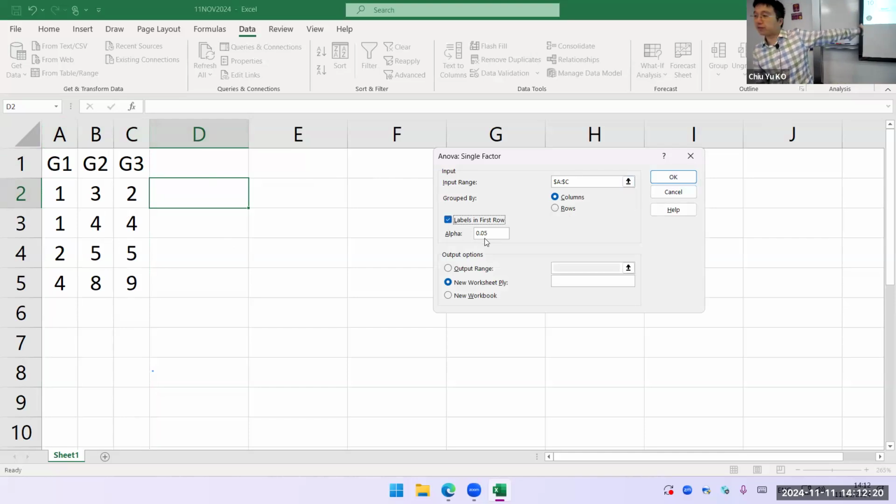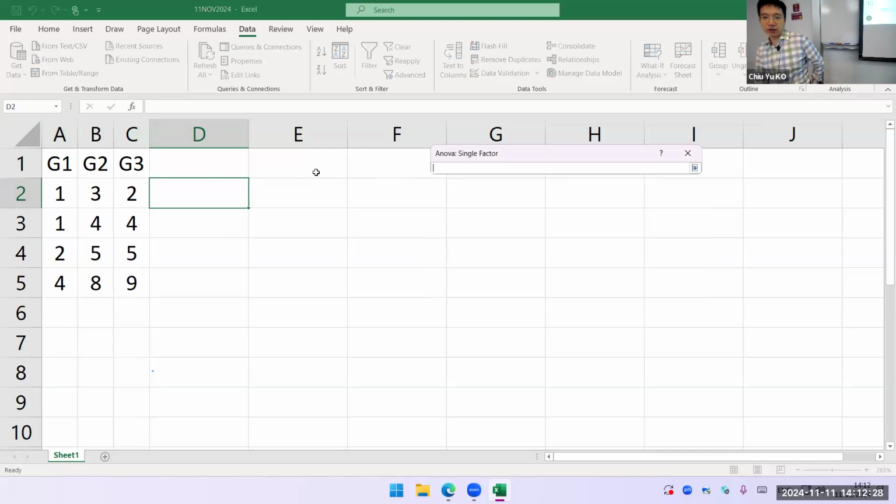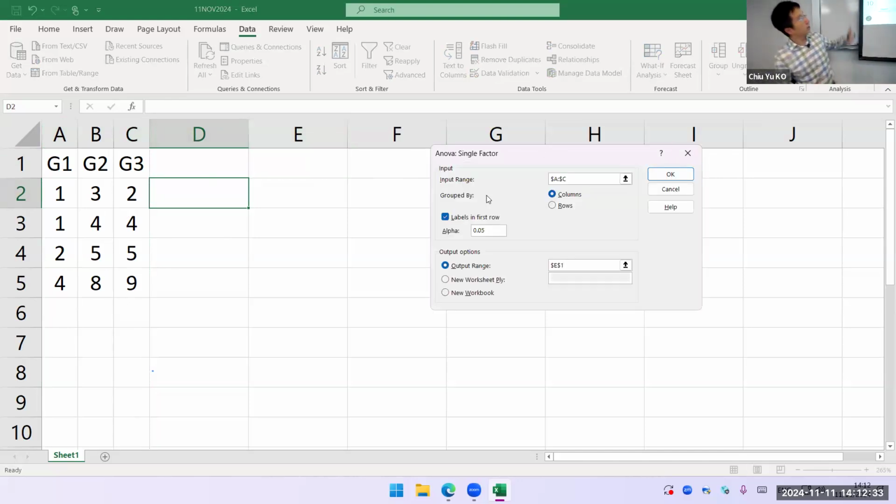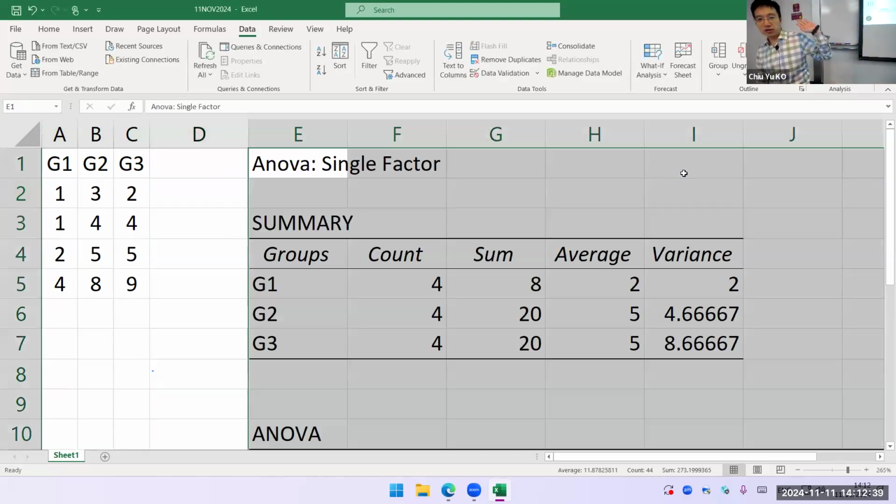And alpha is the significance level, so we set alpha. And tell it where we want to output the data. Simply, you just want it here. Now that's done, I click OK, then we are done. Ready? 3, 2, 1, go.